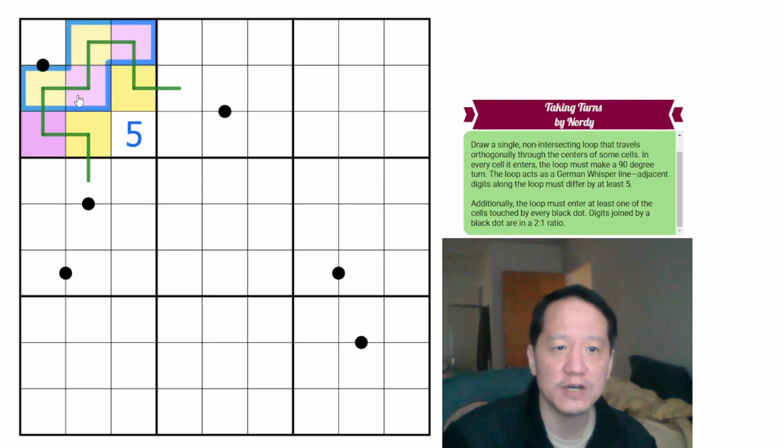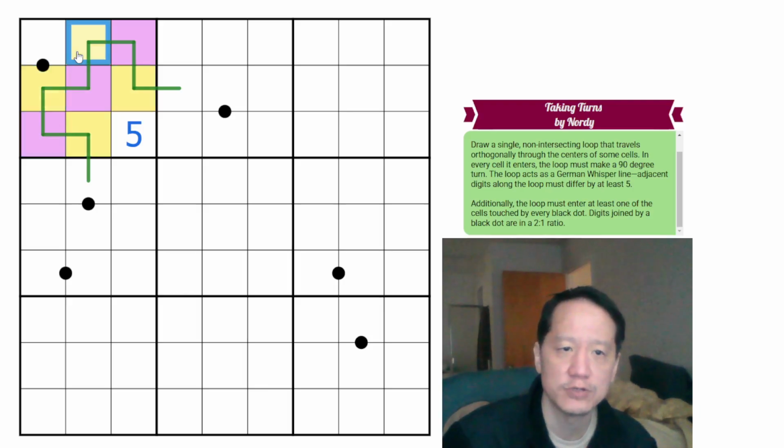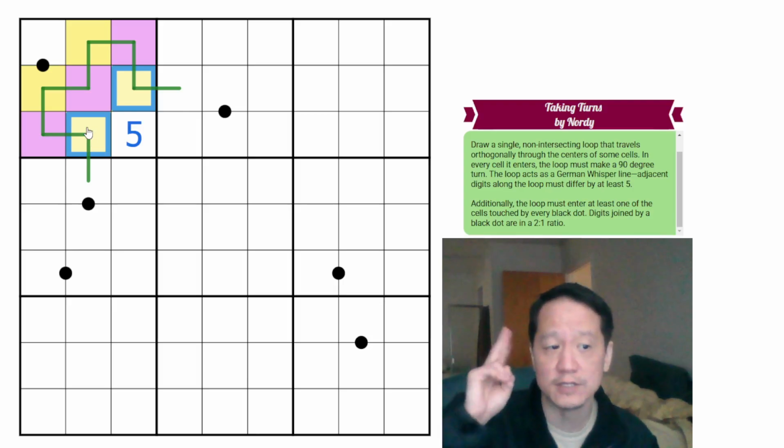And the rest of the cells in box 1, which are on the German whisper line, see 2 unique digits, right? This sees 2 unique digits on the German whisper line. This sees 2 unique digits on the German whisper line, etc., etc. So 4 and 6 cannot be any of these cells. Only one of them can be here because they're not in the same set.